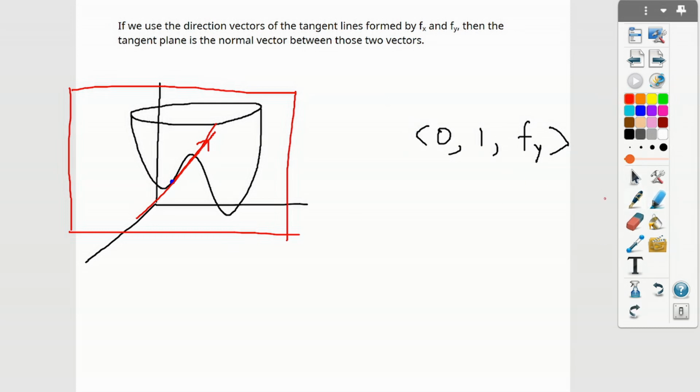So that will lie in the tangent plane. Why will that line lie in the tangent plane? If you think about it, the tangent plane is going to have to include the approximation, the tangent lines of every single direction that goes out of this point. So it's going to have to include this direction.